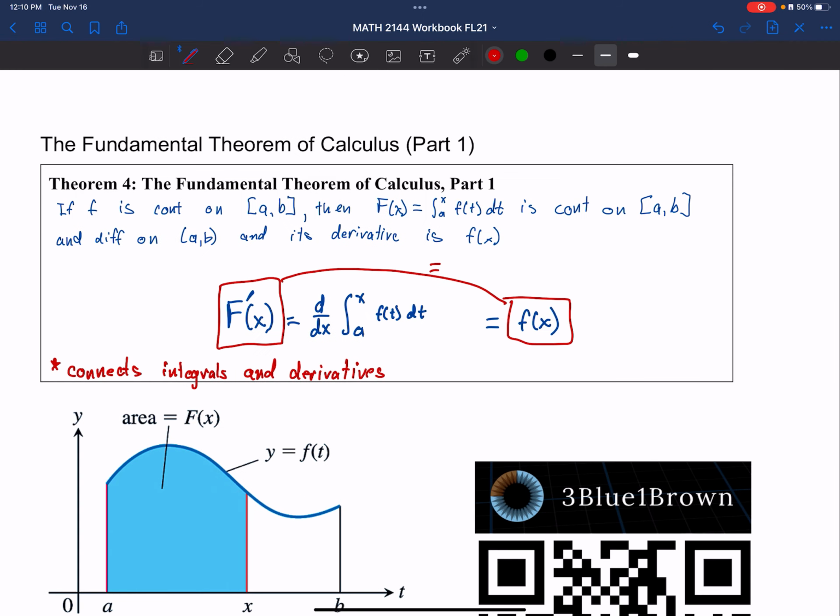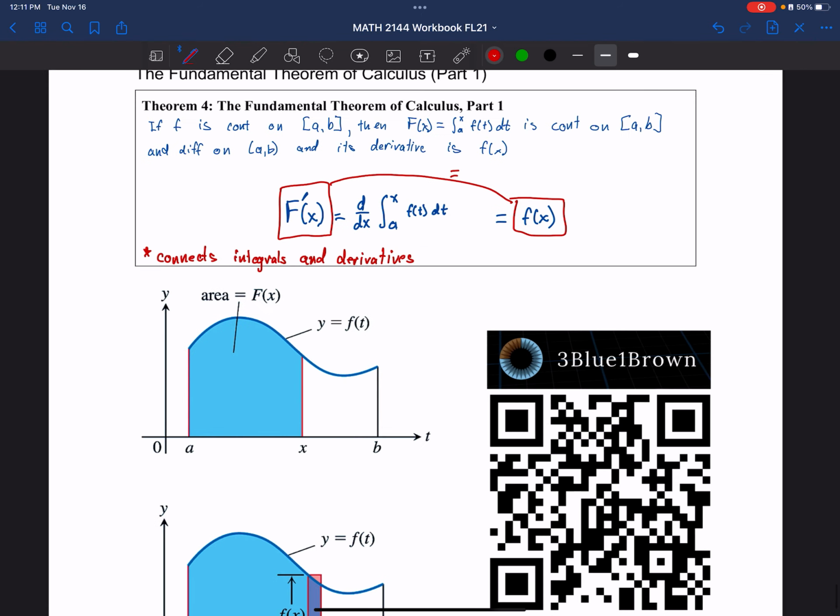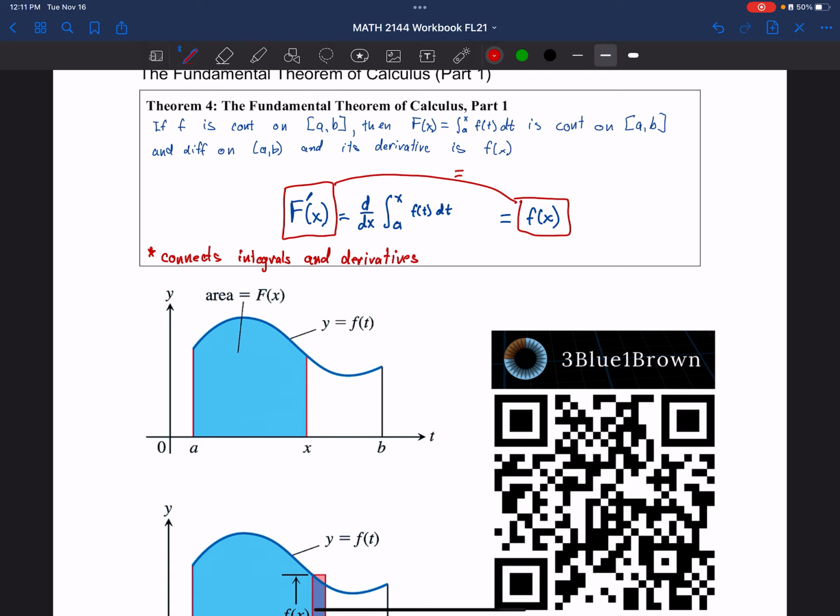We really already said that back in section 4.8, where we talked about antiderivatives, but this right here just makes it formal. The intuition and the geometry behind it we'll come back to at the end of the class. I want to go through the weeds of the computations while you all still have as much energy as you'll have, and then we'll sit back and relax and enjoy some of the intuition at the end. So that's the first part, connects integrals and derivatives.